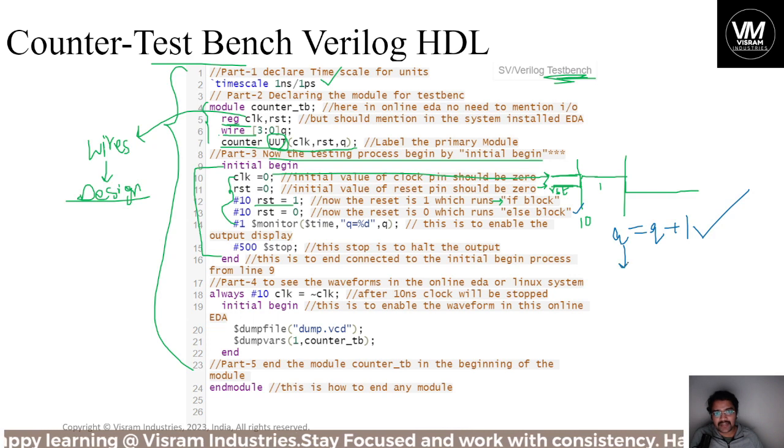This has to be displayed. Display it: $monitor, $time, colon, quotation marks, q is equal to %d.